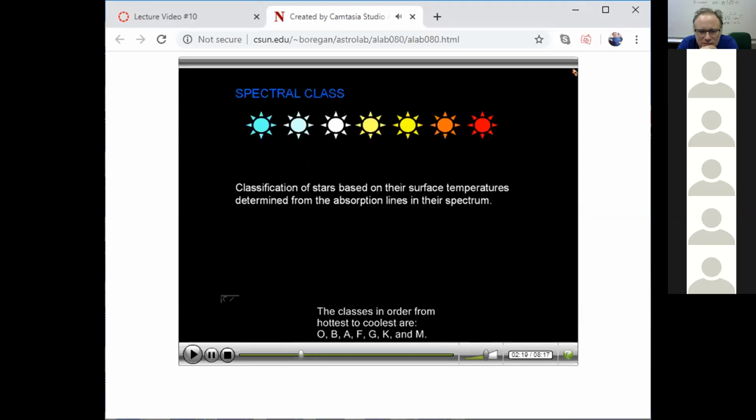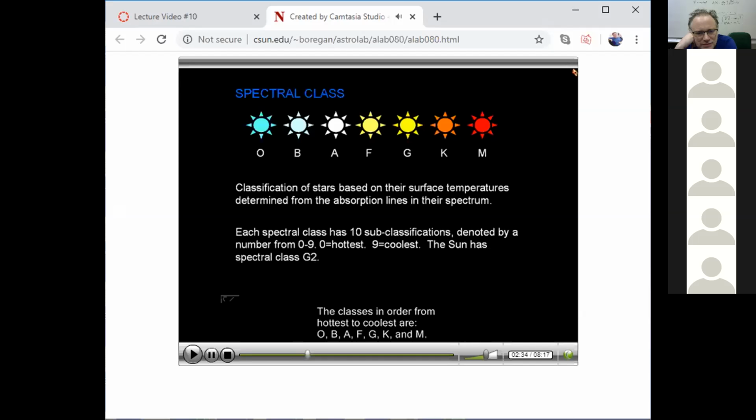The classes in order from hottest to coolest are O, B, A, F, G, K, and M. Each class also has 10 subclasses, denoted by a number 0 through 9, 0 being the hottest and 9 being the coolest. The Sun, for example, has a spectral class of G2.